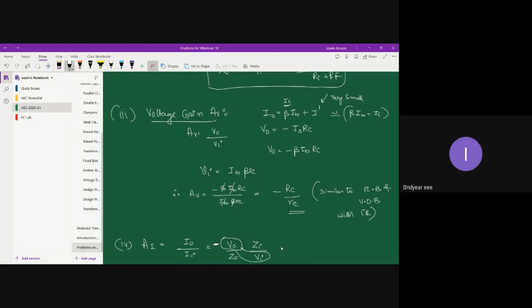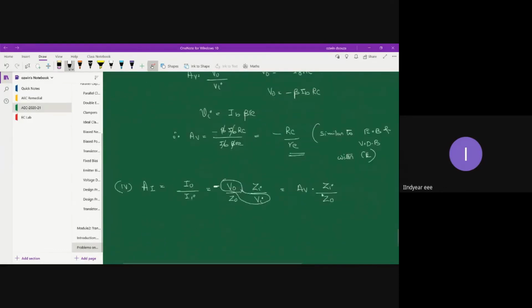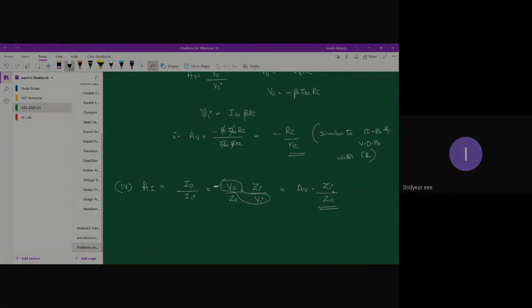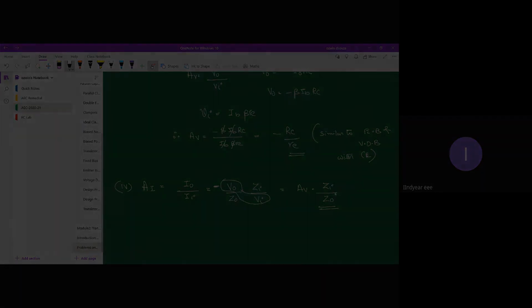So this becomes voltage gain times the input to output impedance ratio. So that's your AI. Remember one thing: your AI expression remains the same. It is voltage gain times the impedance ratio, from input impedance to output impedance.